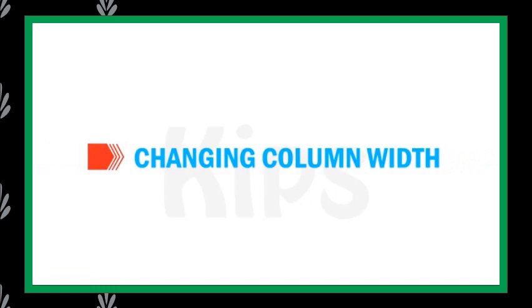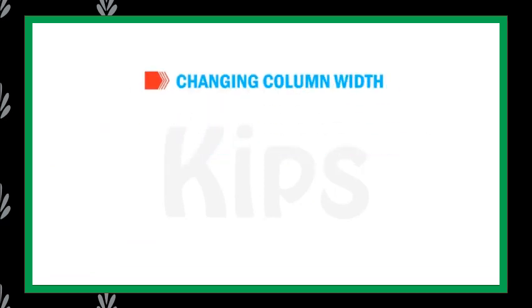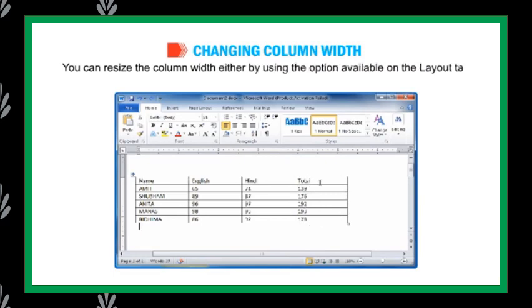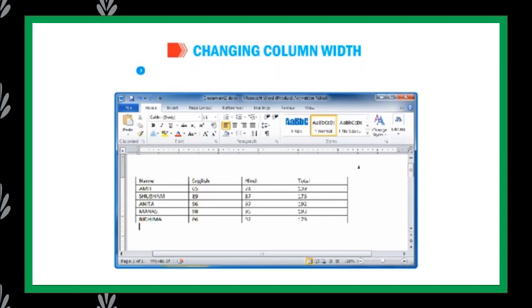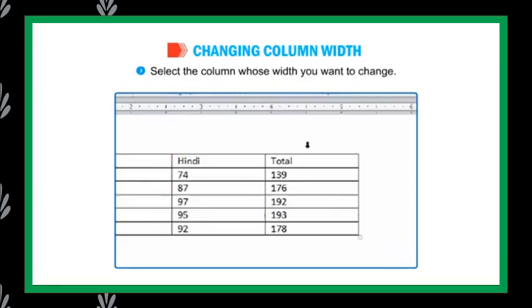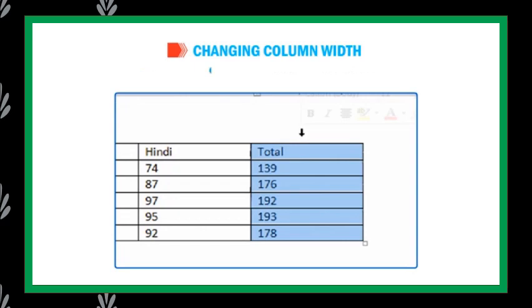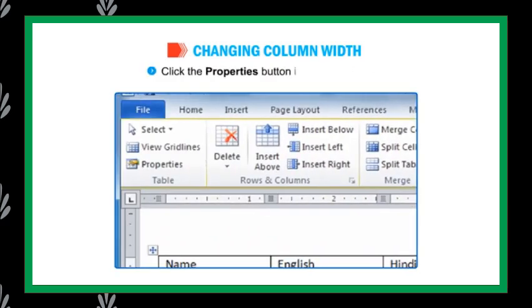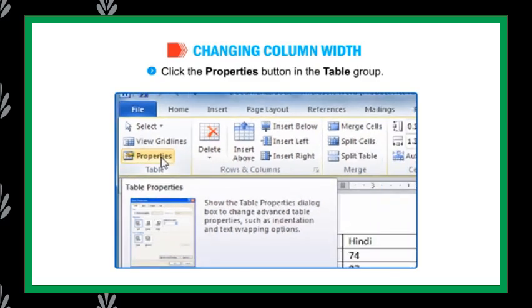Now I will tell you how to change column width. You can resize the column width either by using the option available on the Layout tab or by using the mouse pointer. Select the column whose width you want to change. Click the Layout tab. Click the Properties button in the Table group.